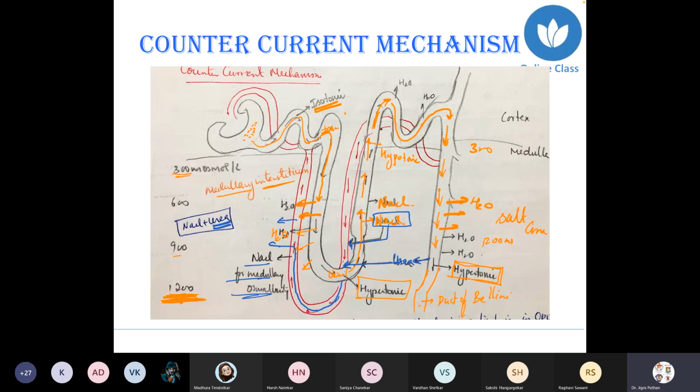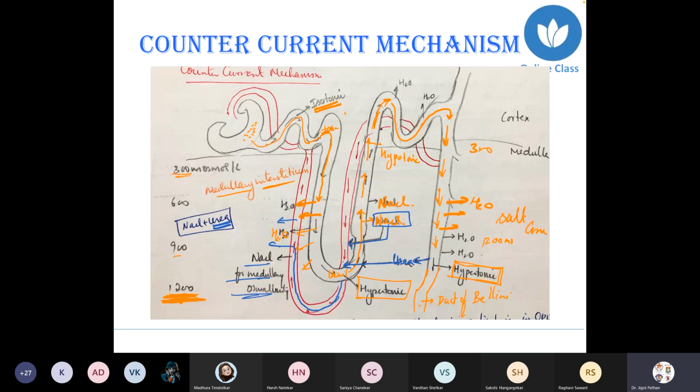As it gets into the ascending loop of Henle, it is again going in a backflow, from 1200 milliosmol to 300 milliosmol. As it goes upward in the ascending limb, NaCl is removed, then the filtrate will become hypotonic. As it moves to the DCT, again it is isotonic. When it again comes into the collecting duct, it goes through the gradient of 300 to 1200 milliosmol per liter.